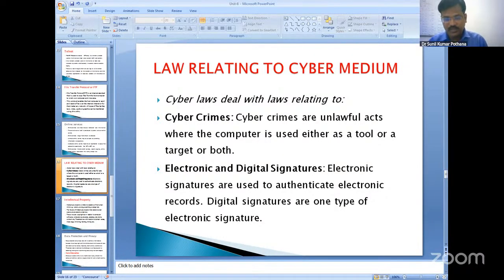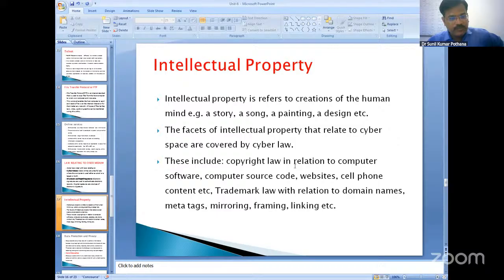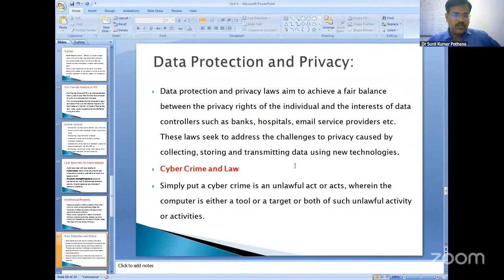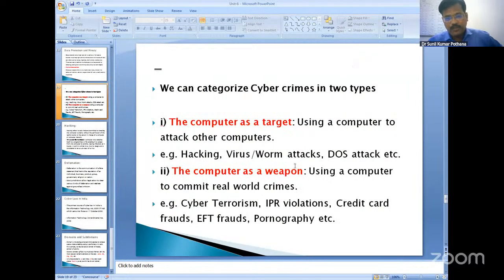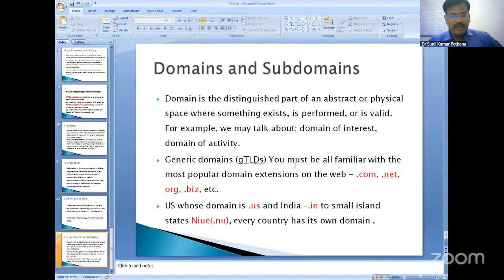So students, today the session time is up now. We will discuss cyber laws and intellectual property, data protection and privacy, hacking, defamation, cyber laws in India, and domains and subdomains in tomorrow's session, because it takes much time to explain each topic.